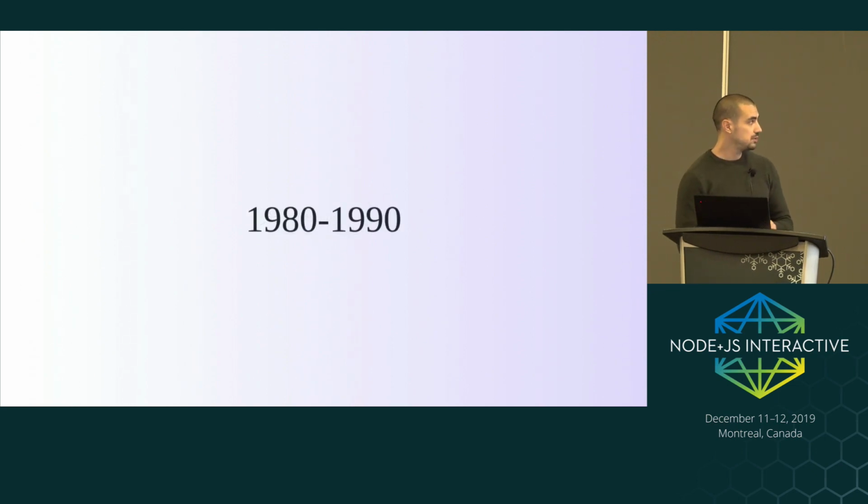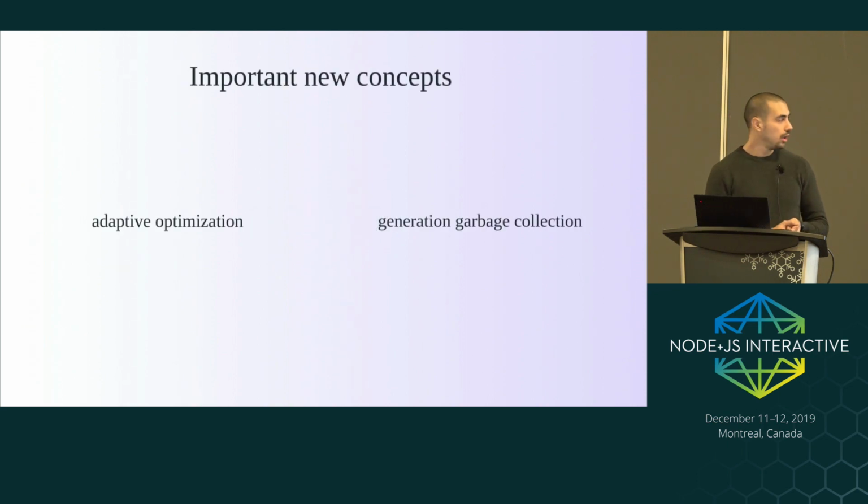Other important things happening during the 80s was the programming language Self, which was created in the year 86 by David Ungar and Randall Smith, who later pioneered some of the concepts that we will see in the virtual machines space. Two key concepts were born with Self.